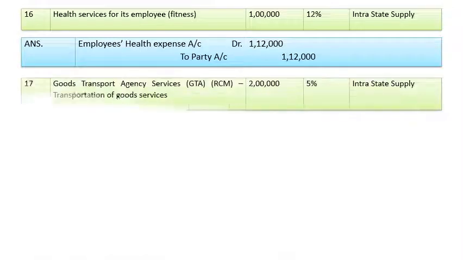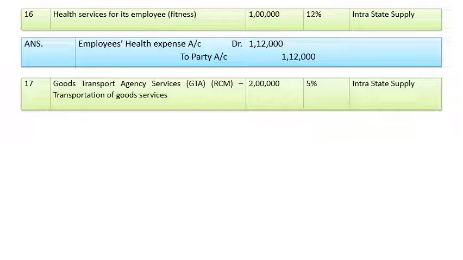Now the next transaction: goods transport agency service, GTA, RCM, transportation of goods services. GTA is one type of service where RCM will be applicable. RCM means reverse charge mechanism. There are two types of mechanism, forward charge mechanism and reverse charge mechanism.